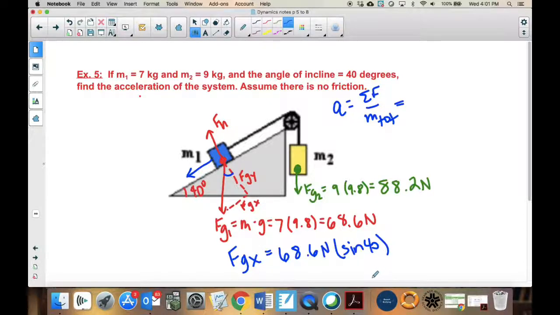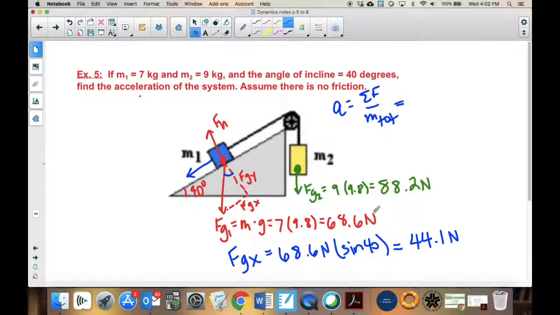If we take a minute to put that into our calculator, 68.6 times the sine of 40 comes out to be 44.1 newtons. It's actually 44.095, but that does round up to 44.1. It is a coincidence that these two values are almost exactly half of each other. Don't let that throw you off.